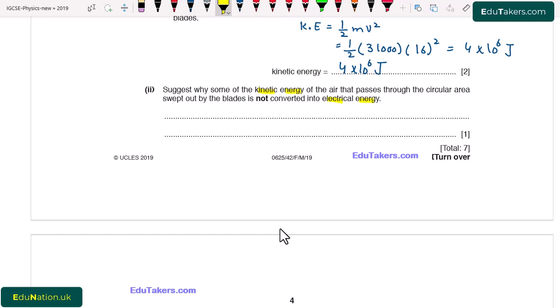So that's why some of the kinetic energy cannot be converted into electrical energy. It does work against the friction. So I write here, some energy is required for opposing the friction of the blade.